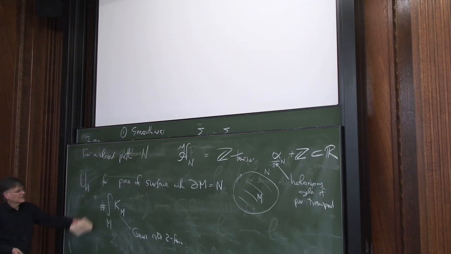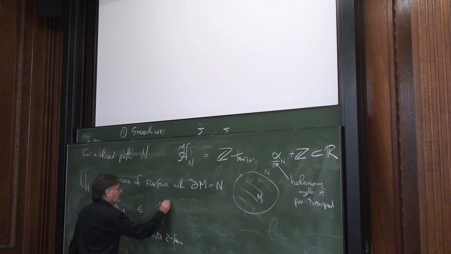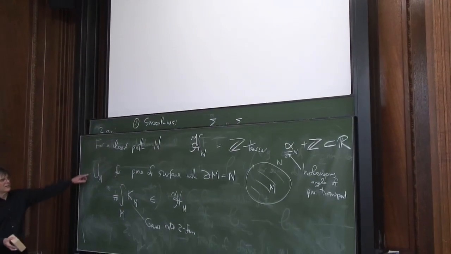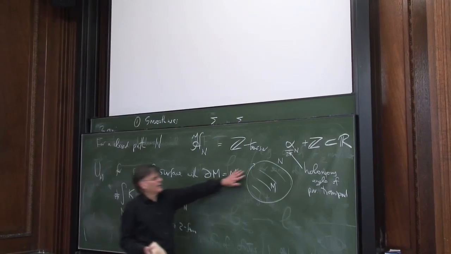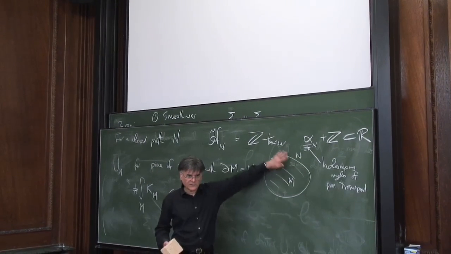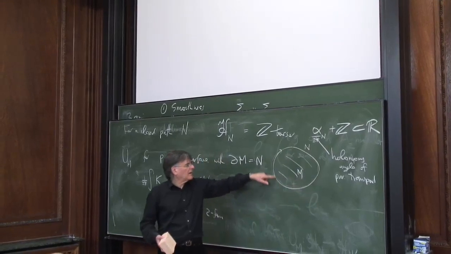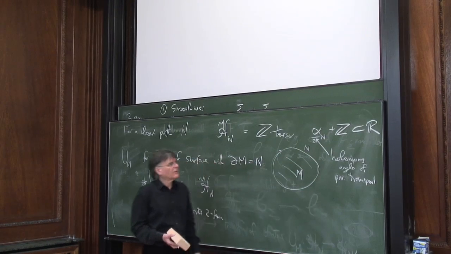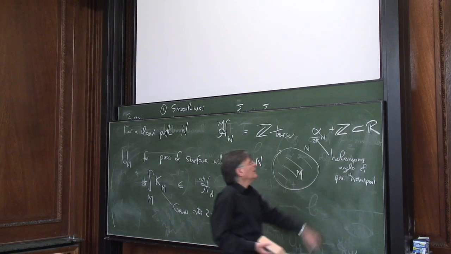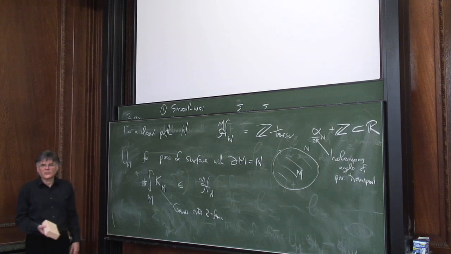Right, now, you see, this is in H_N, because the Gauss-Bonnet theorem precisely tells you that the integral of the Gauss curvature over a surface with boundary is given by the geodesic curvature of the boundary. So it will be something that lies inside this torsor and so on.